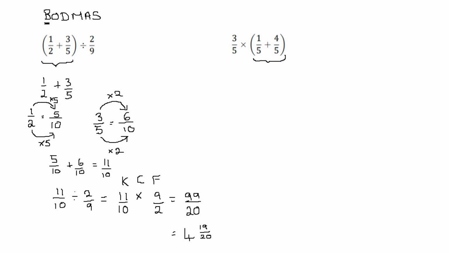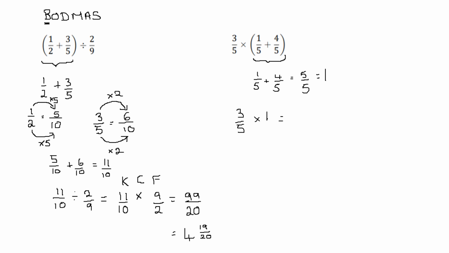So a little bit easier here because they've been really kind to me, and they've given me 2 fractions which have the same denominator. So 1/5 plus 4/5, that's going to give me 5/5, which is 1. So I'm now going to have 3/5 multiplied by 1.